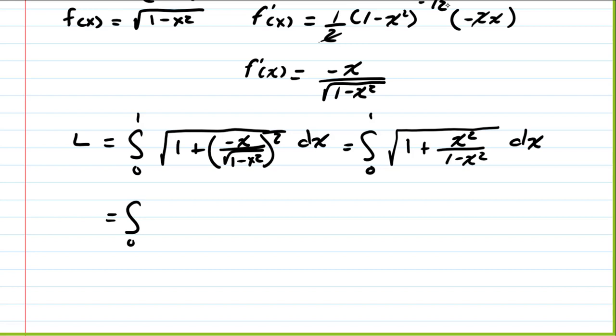So that gives us the integral from 0 to 1 of 1 minus x squared over 1 minus x squared plus x squared over 1 minus x squared. And we're like, aha, something awesome happens. Negative x squared and positive x squared reduce out.